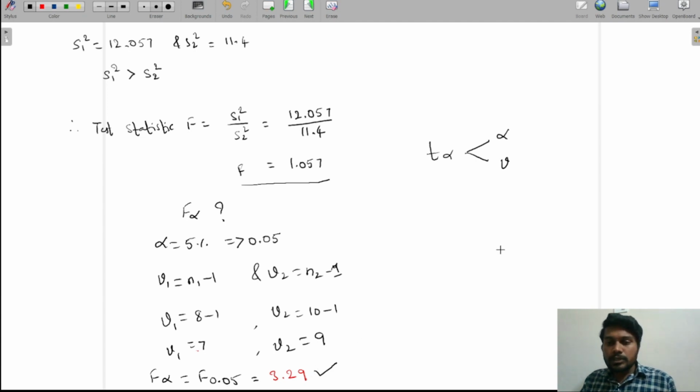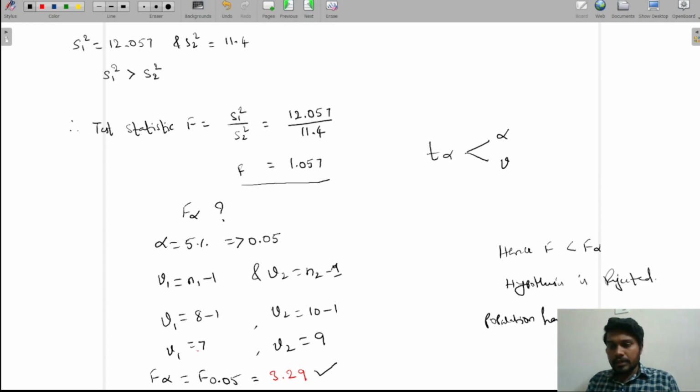So what is the conclusion here? Hence capital F is less than f alpha. So it is nothing but, can I say that the table value is bigger than this test statistic? Yes or no? Same variance, right? I think everyone is clear with this question, right?